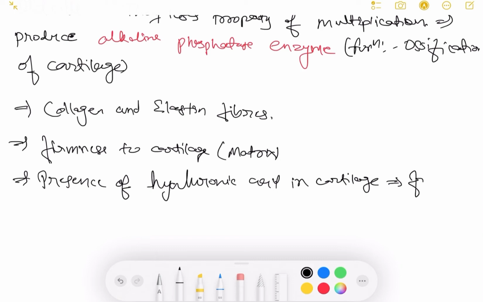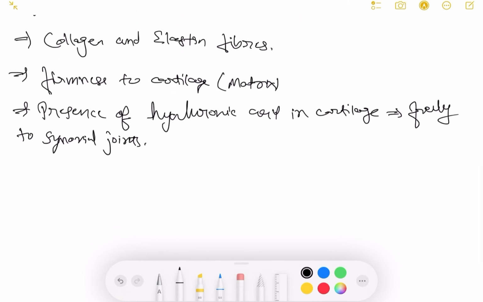It will allow all the types of synovial joints to move freely.